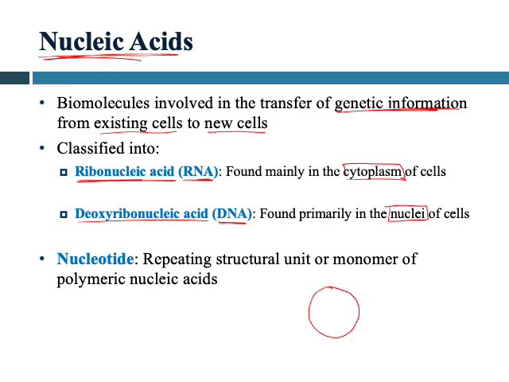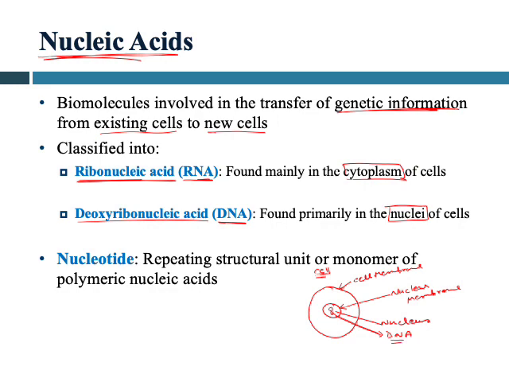So this is the cell. Within the cell you have a small area covered by a membrane. This is your cell membrane. This is the nucleus, which is why we call it the nuclear membrane. And then this is the nucleus, and within the nucleus you have DNA.